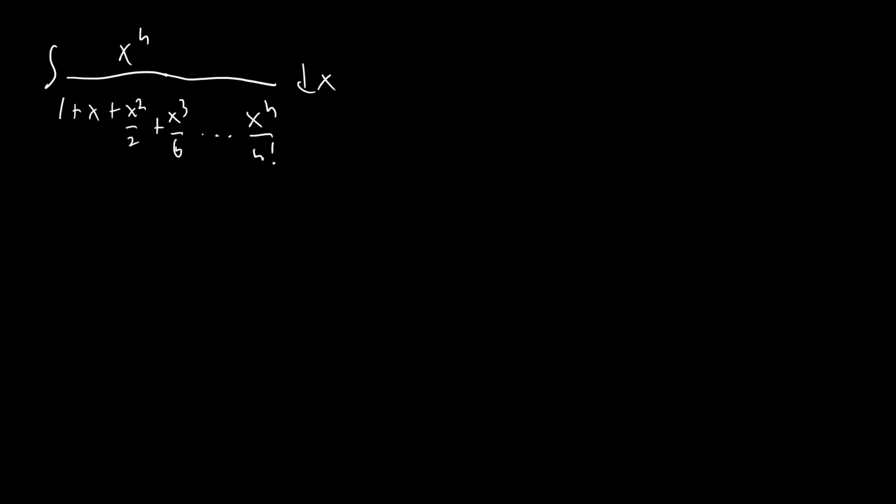The bottom looks like e to the x here, so that's what I'm thinking is definitely going to be part of the answer. So if we call this function f of x or something, I guess f_n of x, we know that the limit as n goes to infinity of f_n of x equals e to the x, so that could be kind of helpful.